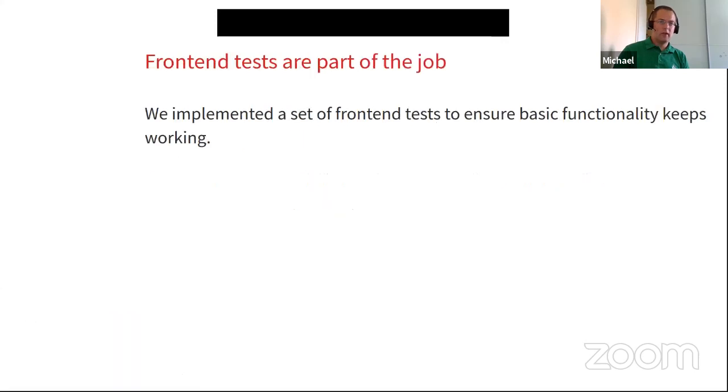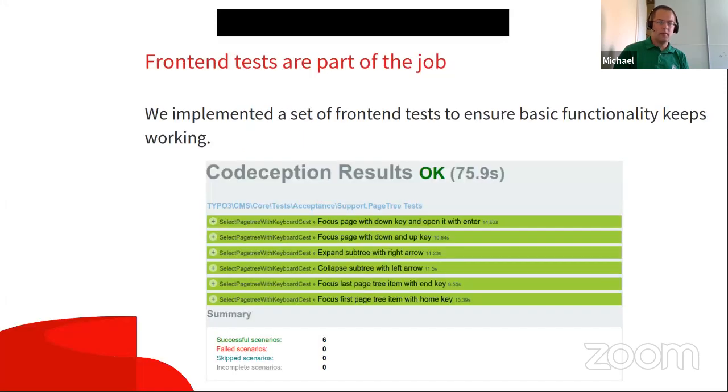If you do this, or if you look on Bamboo, where the test results for every test are also shown, you will see something like this: Codeception results okay, which is a result HTML page of Codeception, and you have those 6 tests we implemented for the page tree.